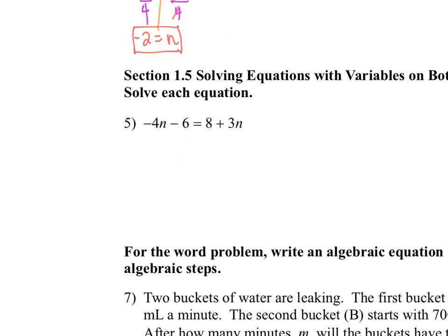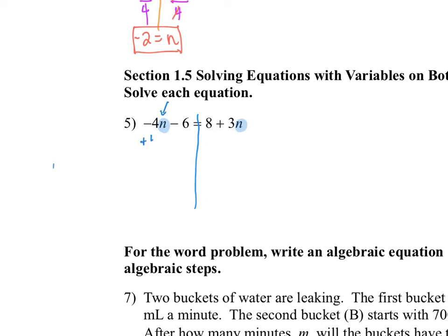Next, we're going to get into those problems where we have the variable on both sides. So do watch out for this one. We're going to draw our line down the equal sign like always, but this time you'll see that I've got an n on each side of that equal sign. You must move those together first. My recommendation is to always move the smaller one.